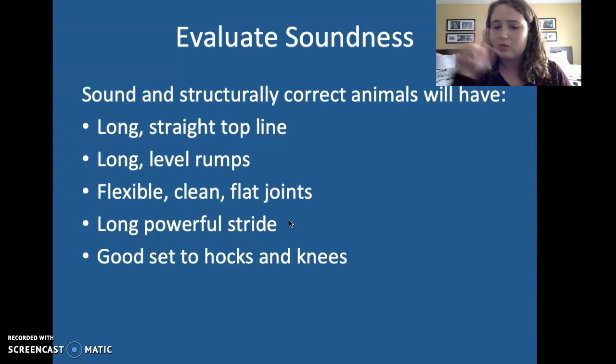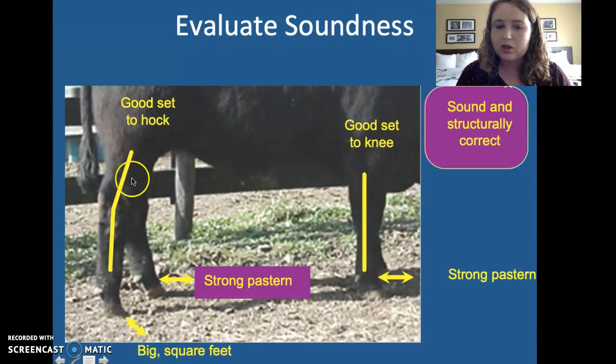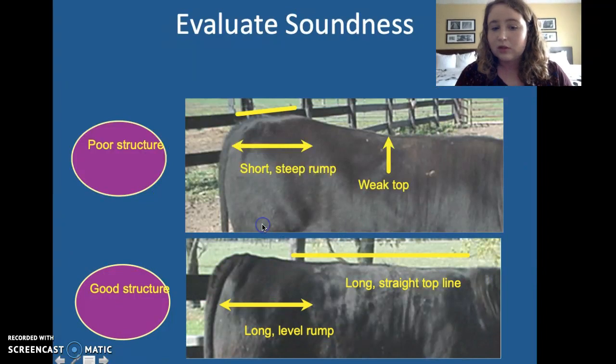And when we're talking about that, we want kind of like a curve in their hock. Okay, here you can see the set to the hock, so that's kind of the desired angle you want. Okay, so you can see the difference between the poor structured steer and the long, level rumped, good structured steer here.